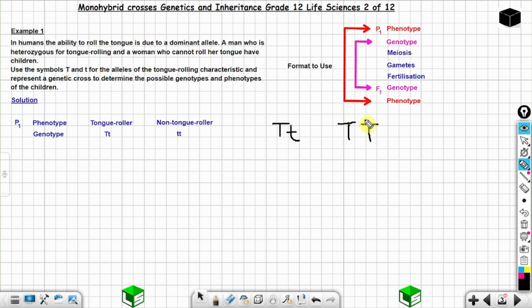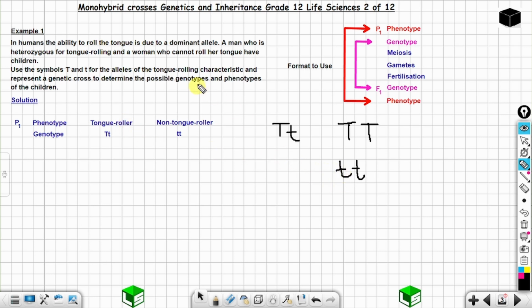She's going to be tongue roller. Okay, homozygous tongue roller, heterozygous tongue roller. So the woman, she has two recessive alleles. Okay, she doesn't have a dominant allele, because if she got a dominant allele, the capital letter T, she's going to be a tongue roller.